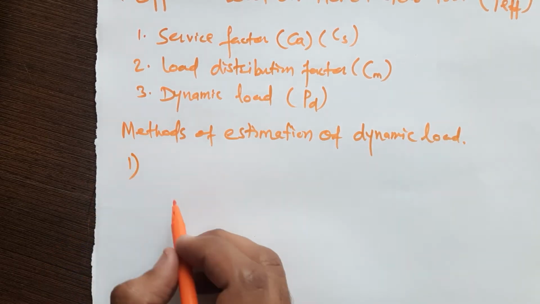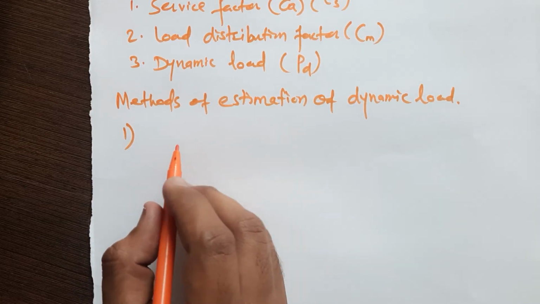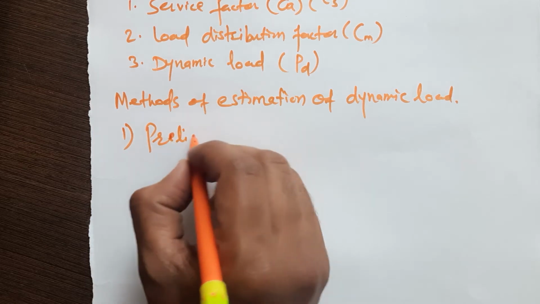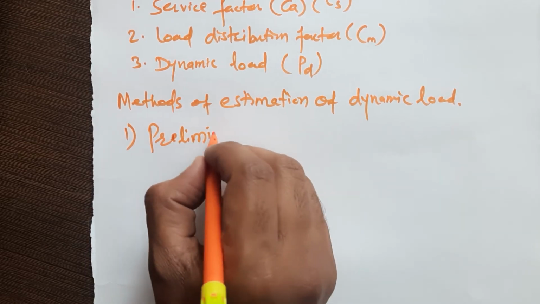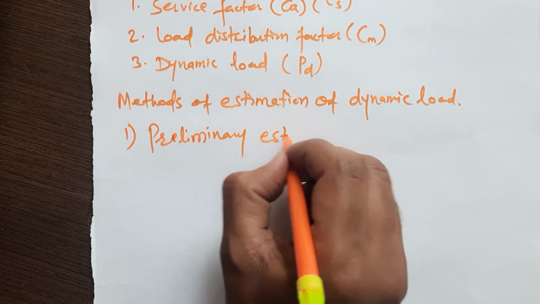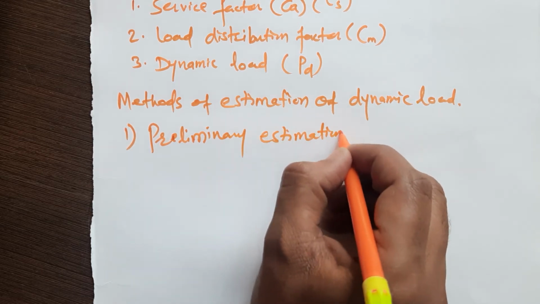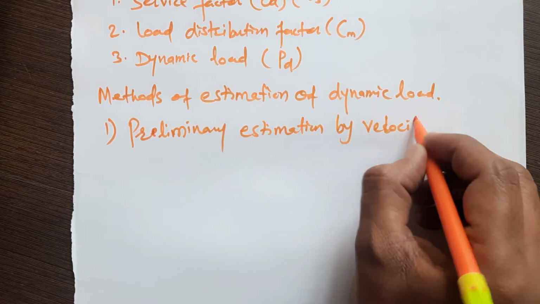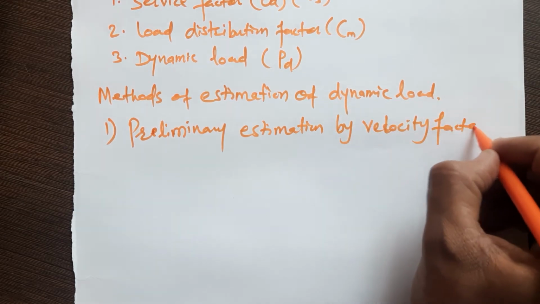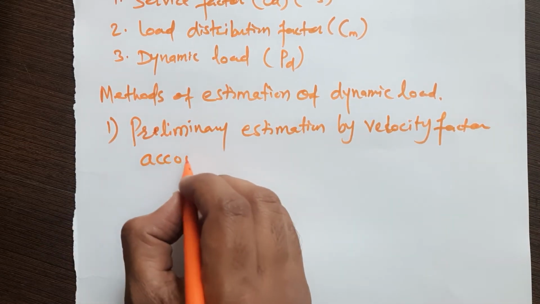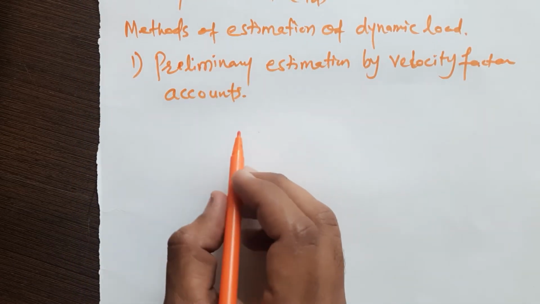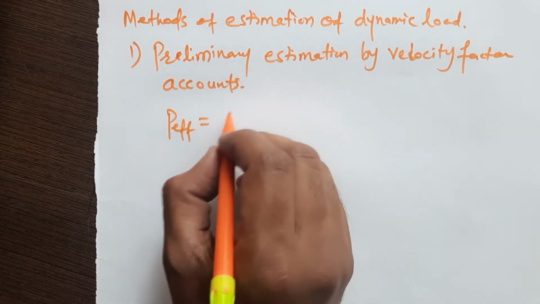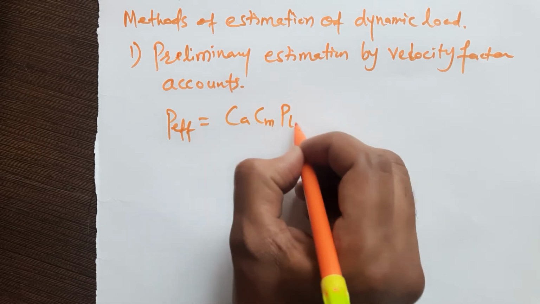The first method is nothing but preliminary estimation by velocity factor accounts. So in this method, your P effective load on gear tooth will be CA, CM, PT divided by CV.